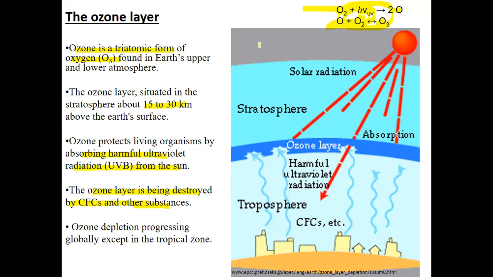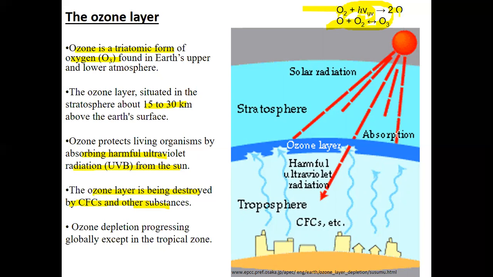Now you may be familiar with how ozone in the Earth's atmosphere is created by ultraviolet rays incident on ordinary oxygen molecules containing two oxygen atoms, splitting them into individual oxygen atoms.